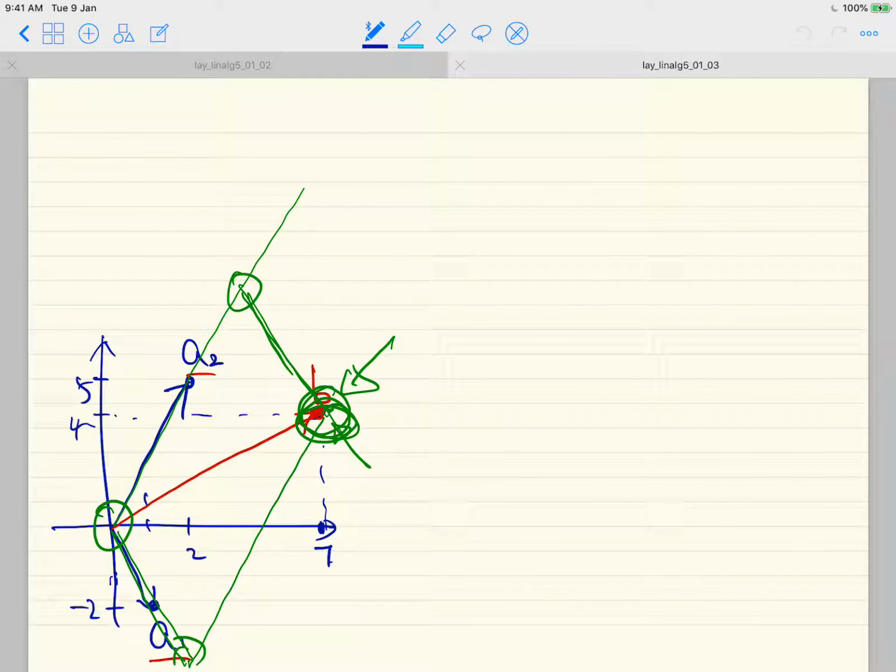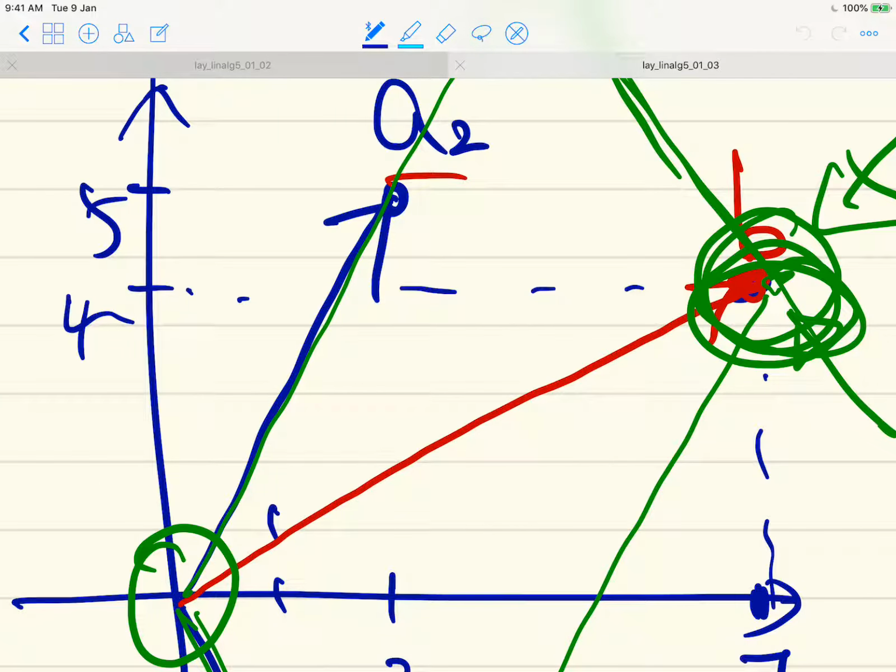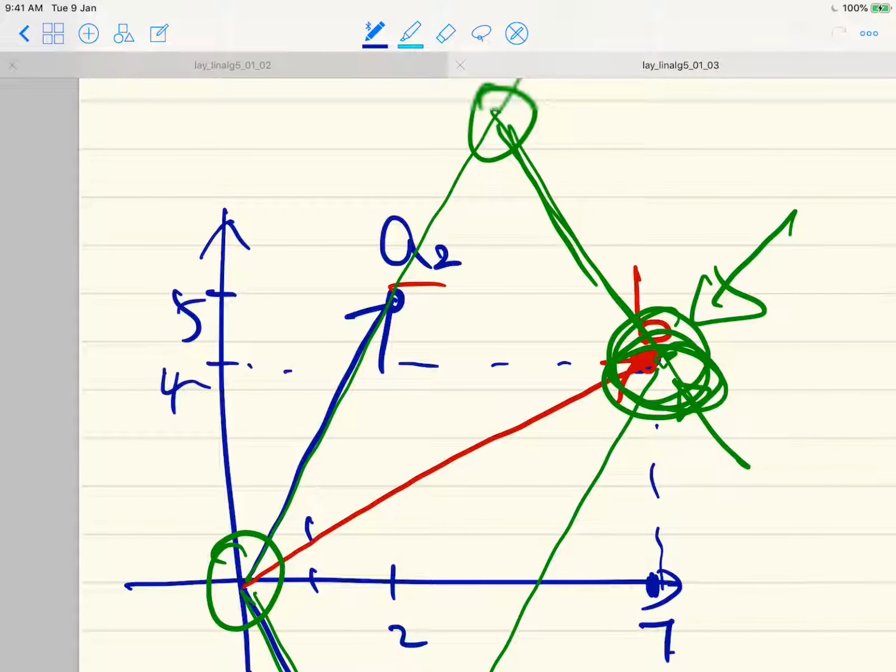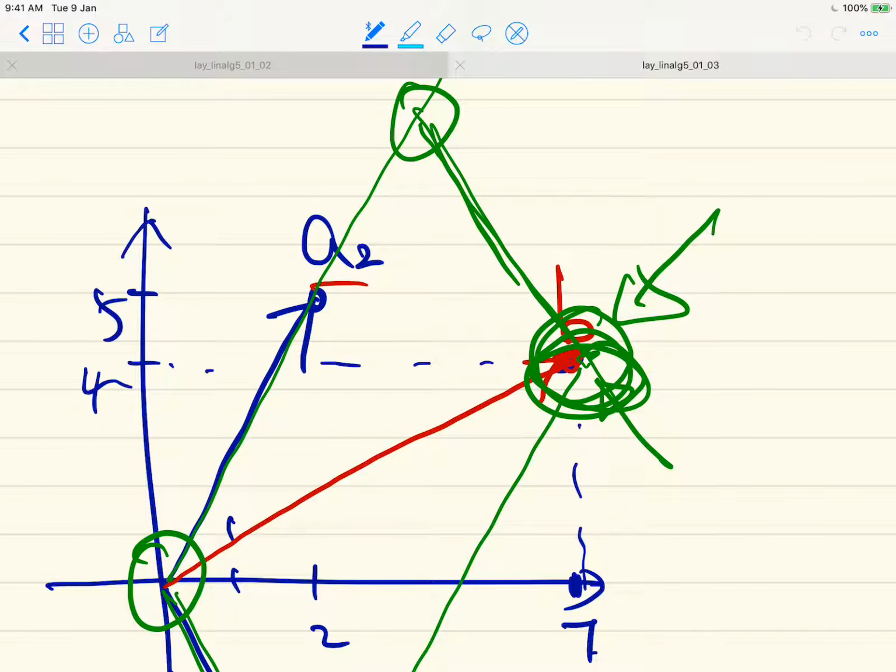So given this a2 over here having this length, it should be stretched by that amount, right?